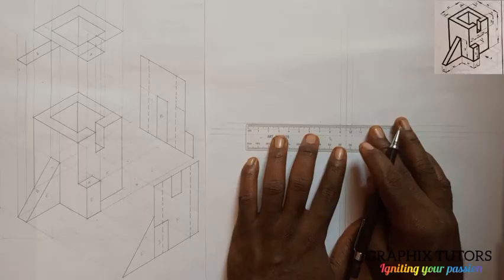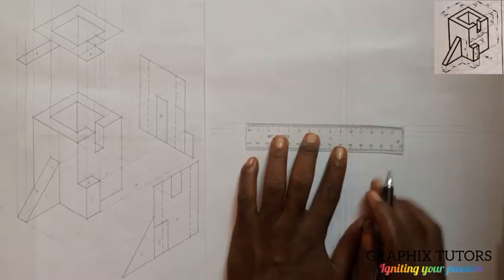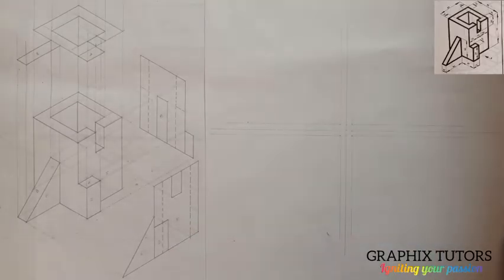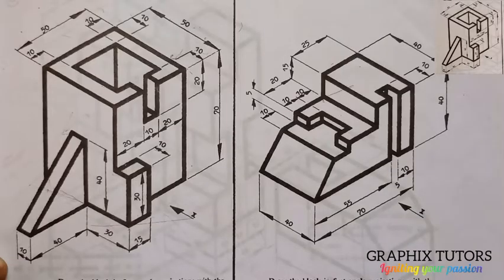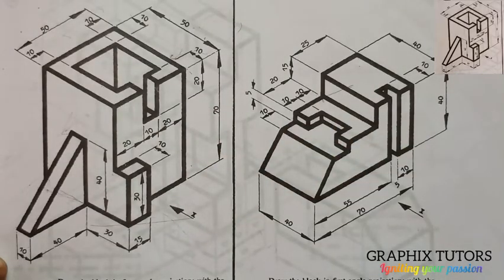So measuring my 90 from this point, from here to this point is 90, right? Then the height is given as 70. From here to here is 70. This is what I mean. So the height from here to here is given as what? 70. So I'll draw that.